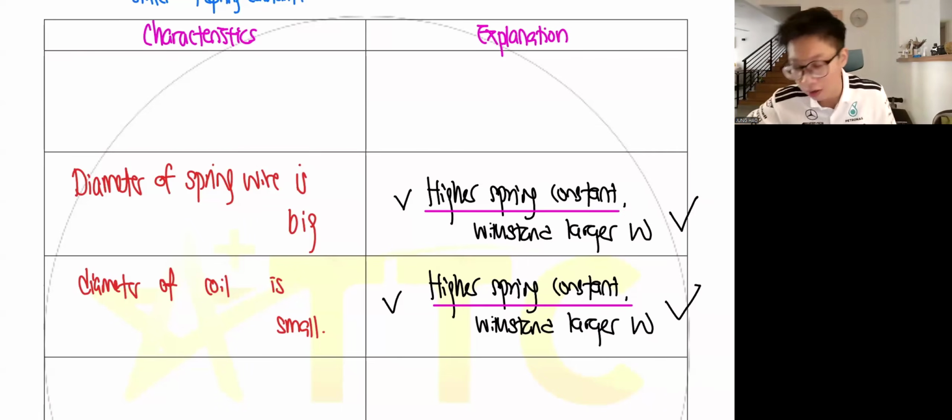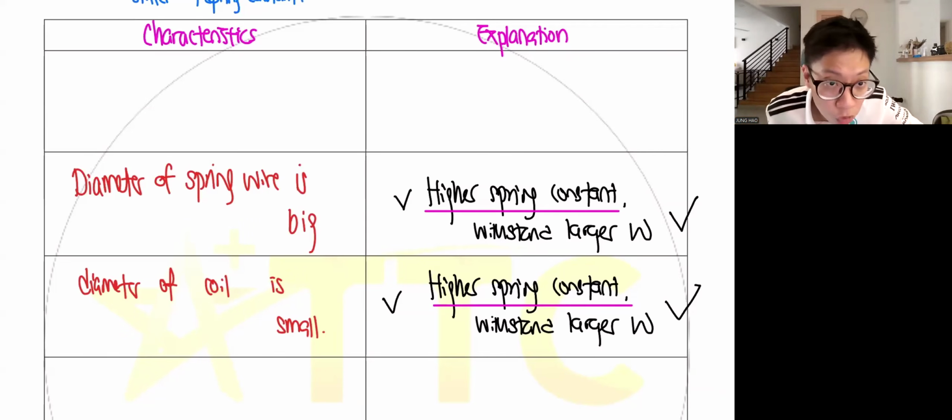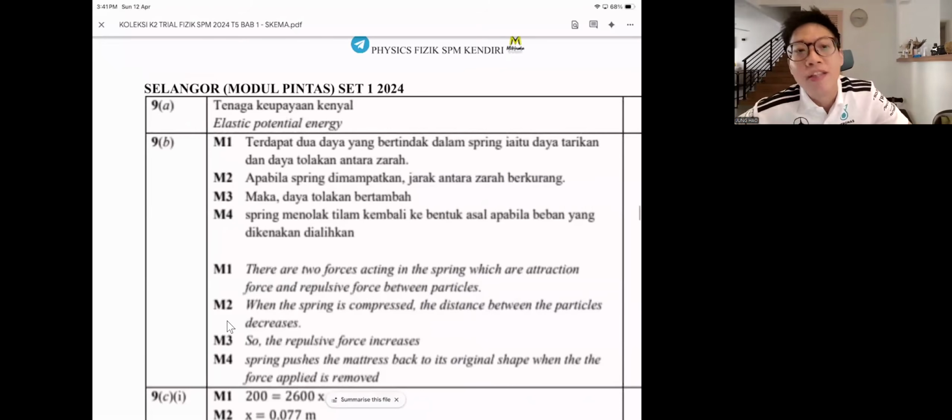Now guys, just so you know, this question that I'm showing you right now, if you want the answer, you can screenshot, because this question is actually the same as our Selangor module Pintas Set 1 2024.